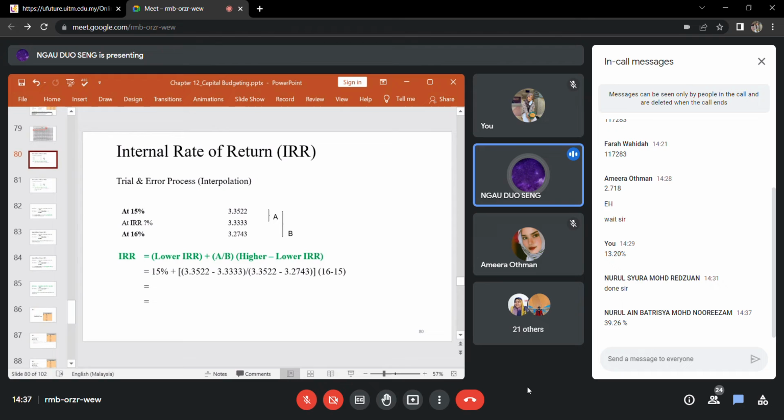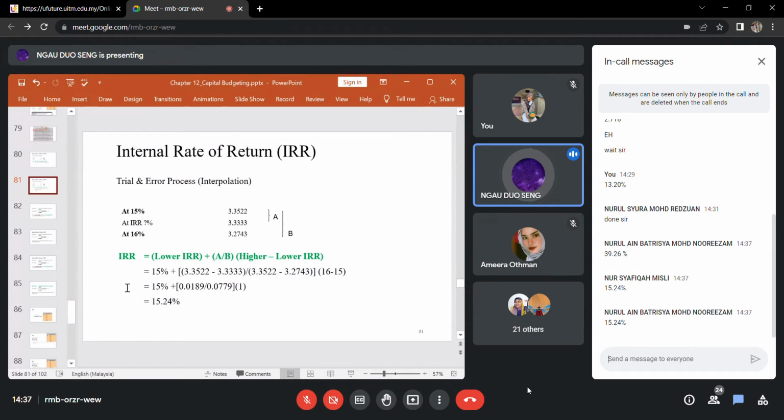How come it is so different already? 39. Hey, maybe you keyed in the calculator wrongly, or is it another problem? Right, it is 15.24%. You must have keyed in wrongly. Patricia. Alright, okay. So I give you time to copy.